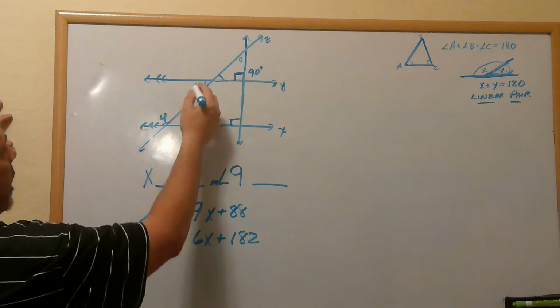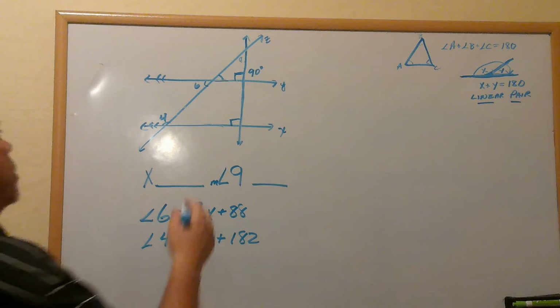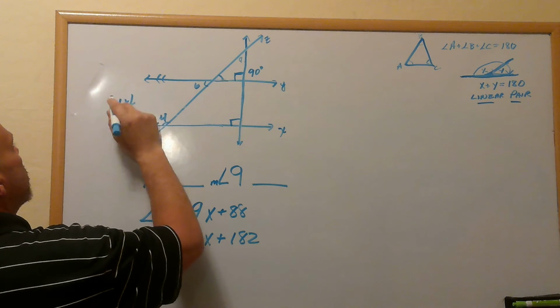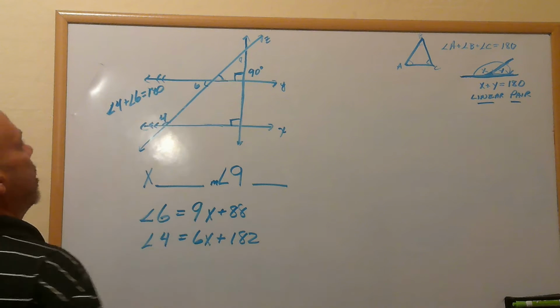Looking at this relationship, without going through all of the angle relationships, I should be able to quickly recognize that those are both same side interior angles. And as we discussed, SSS, same side supplementary. So that means that the measure of angle 4 plus the measure of angle 6 is going to equal 180 degrees.